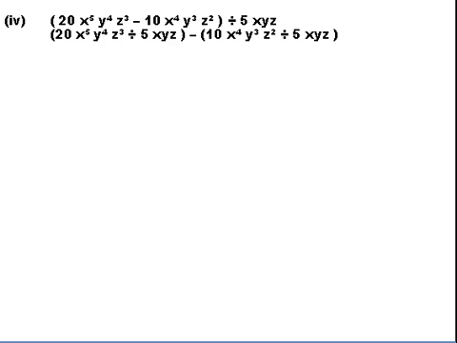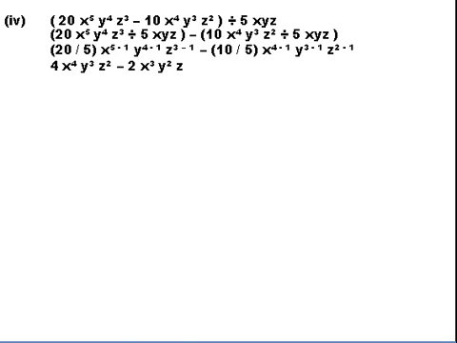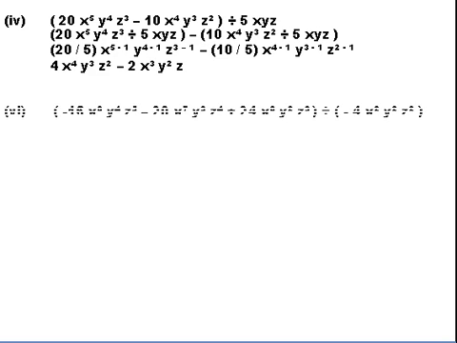That is all because of the sign along with the second term of the first expression. Solving it further, applying the rules, 20 upon 5, and then applying the rules of exponent. So the final answer we have is 4x to the power 4, y to the power 3, z to the power 2, minus 2x to the power 3, y to the power 2, z. We are going to solve this part.